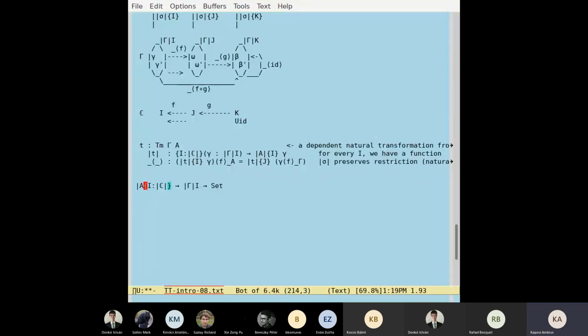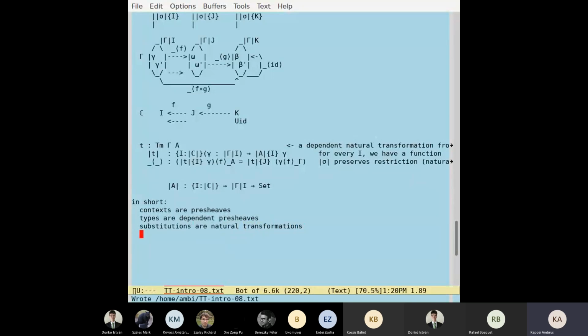Oh yeah, this was the reminder here. Okay, so in short, contexts are presheaves, types are dependent presheaves, substitutions are natural transformations, so natural maps, natural polymorphic functions which satisfy some equality, which are natural.